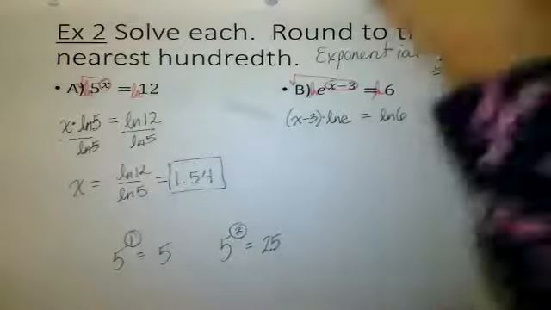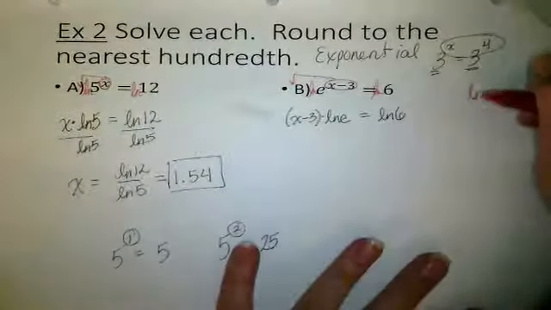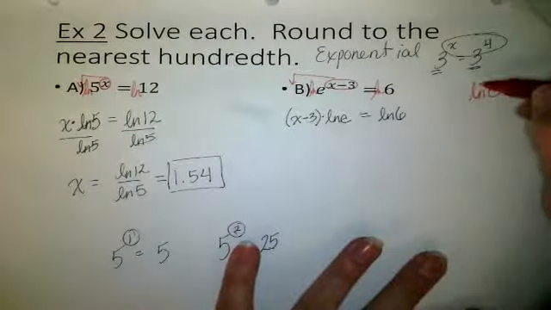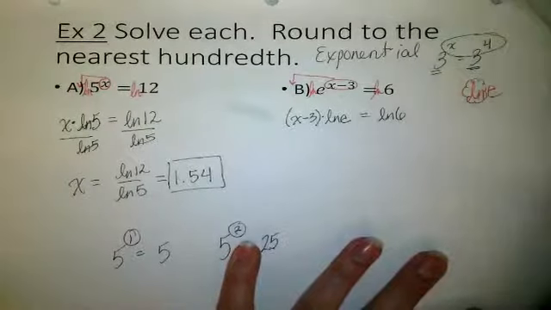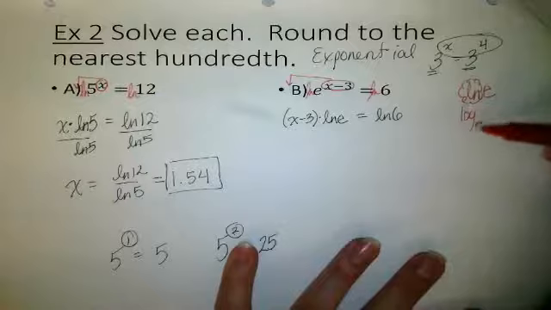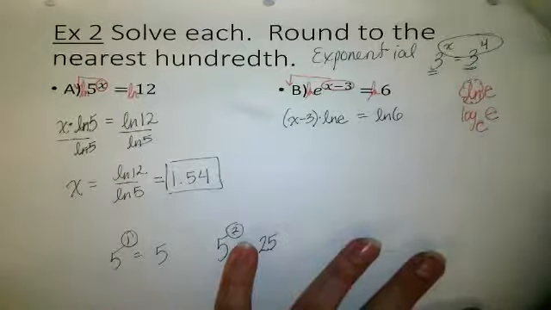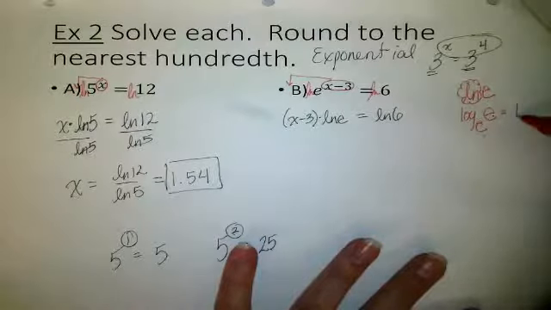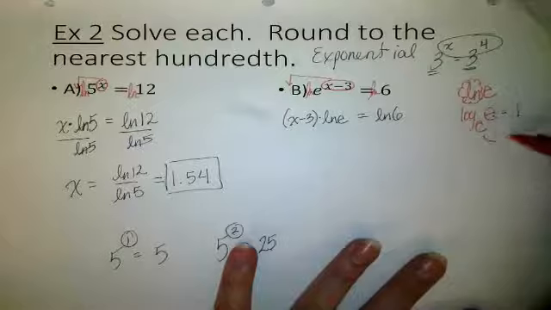Let's talk about the natural log of e for a second. What does natural log really mean? Log base e. What is log base e of e equal to? 1. Very good. Why?